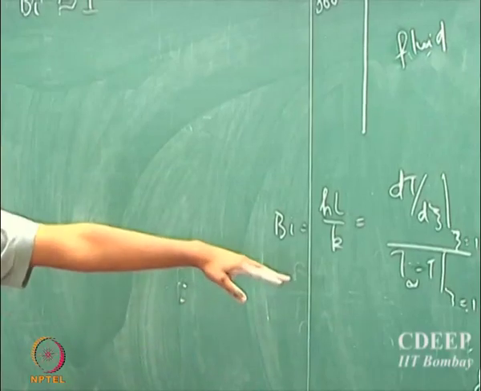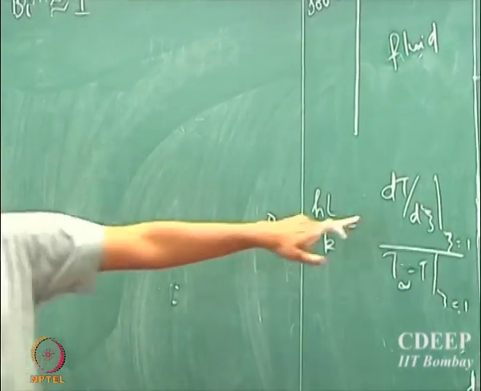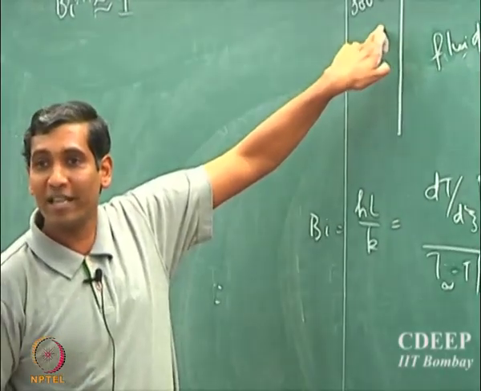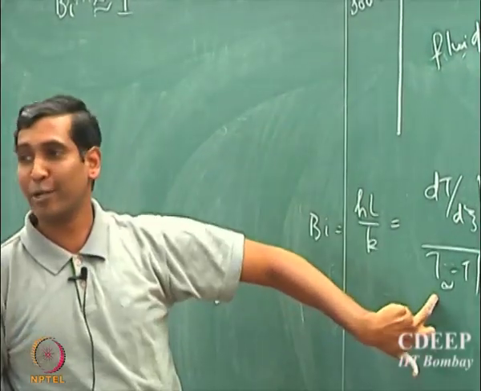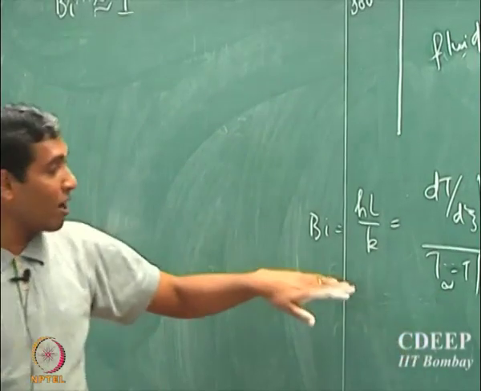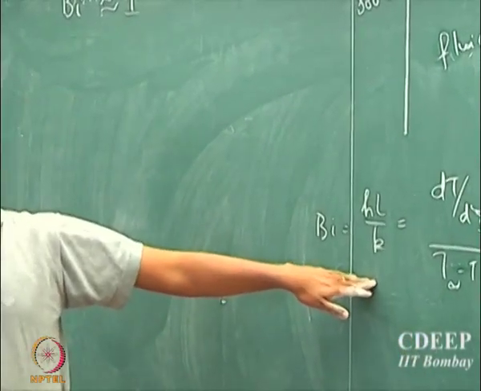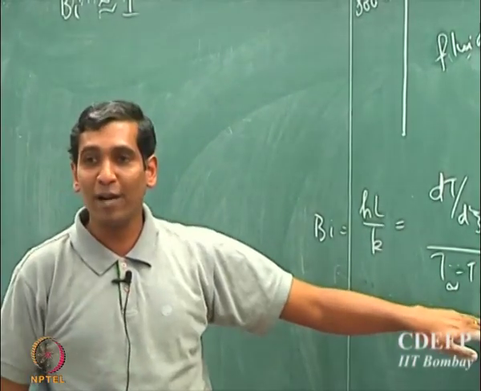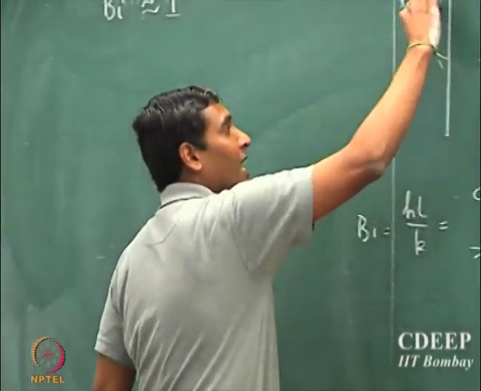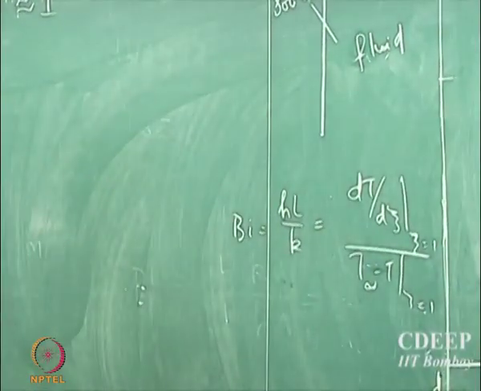So this essentially signifies the ratio of the temperature gradient at the boundary in the solid and the temperature gradient for convection outside the boundary. So it's not just that it captures a ratio of resistances, it is also equivalent to the ratio of the temperature gradient inside and temperature gradient outside.